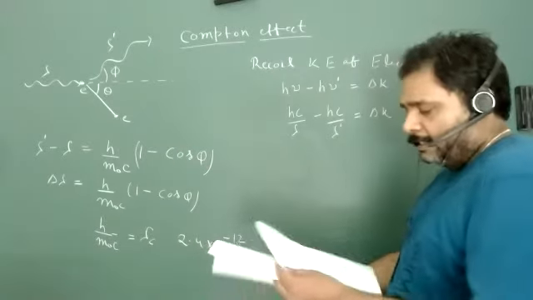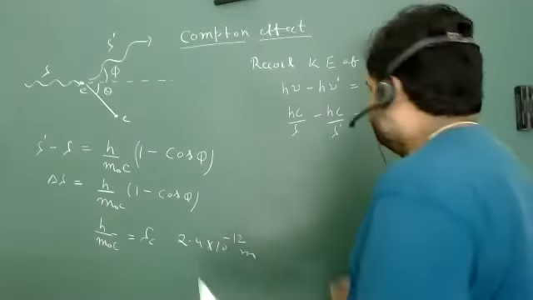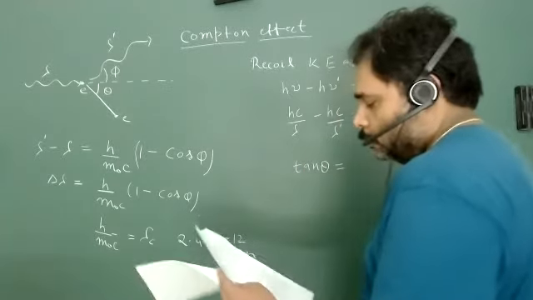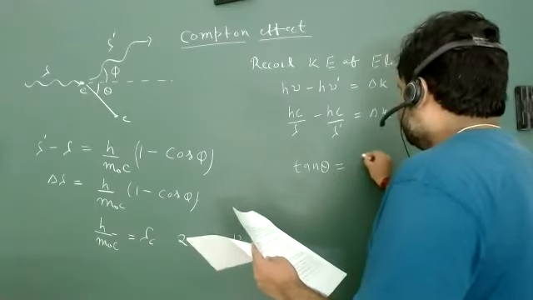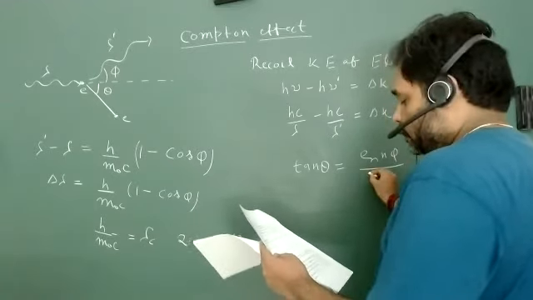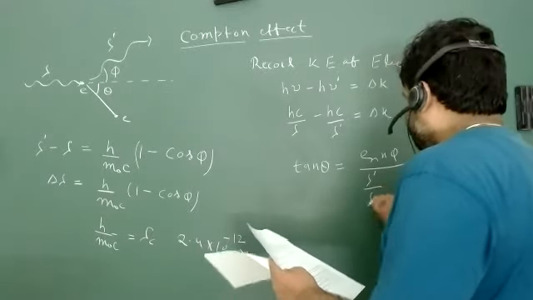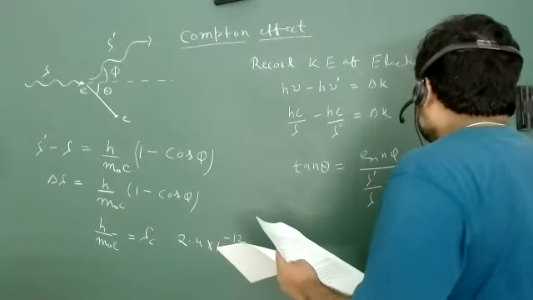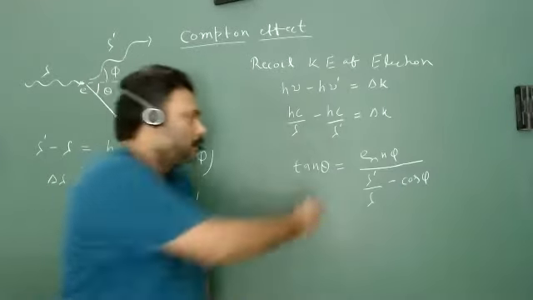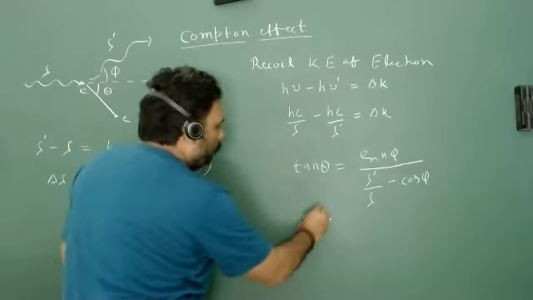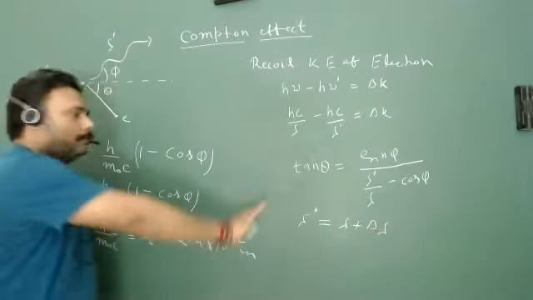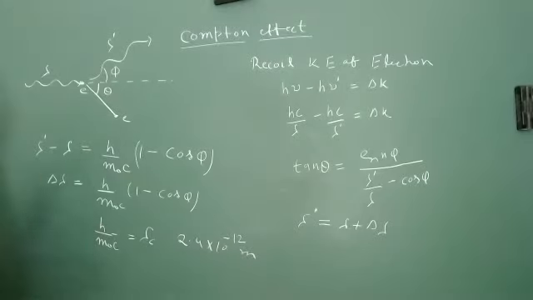And the next very important formula: tan theta is equal to sine phi upon lambda dash upon lambda minus cos phi. So this is the compact formula. And always remember, lambda dash is equal to lambda plus delta lambda. In the exam you forget this, isn't it? If you can use this, you can write each and everything.